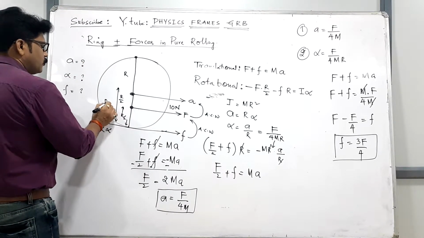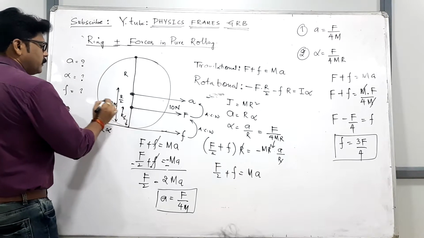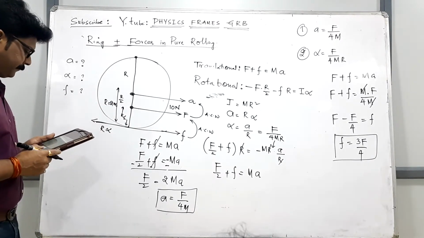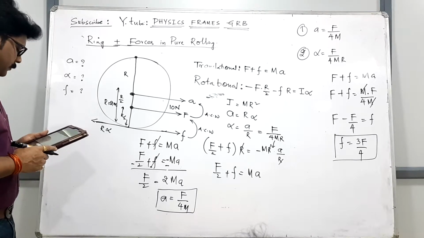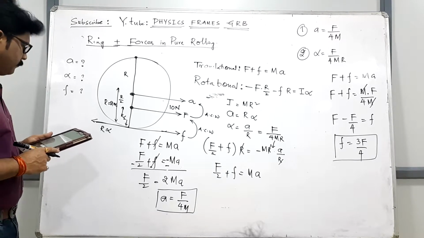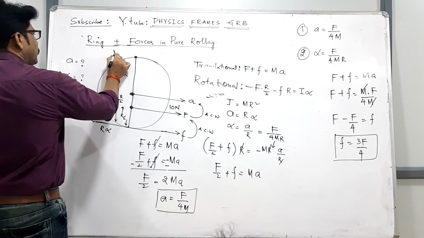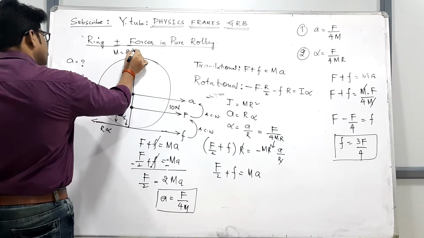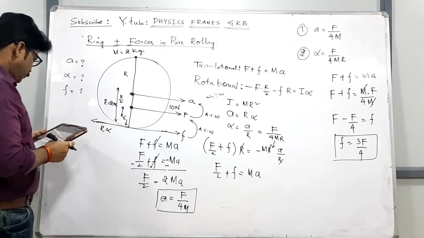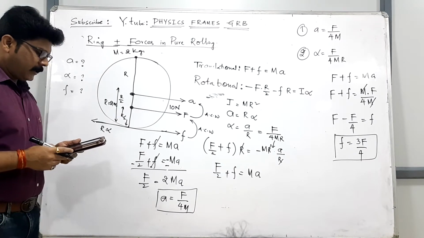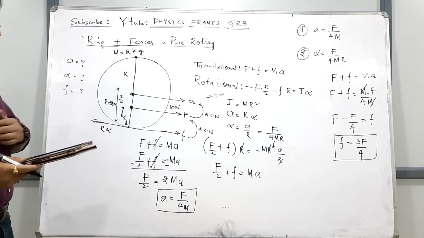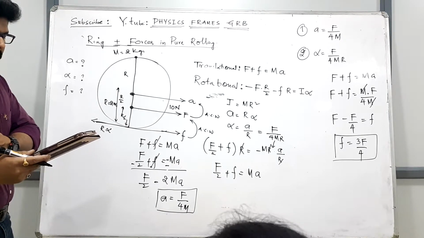Radius is 2 meters. Mass is 2 kg. Then what are the values of A, alpha and the frictional force? Calculate it and type in the answer.